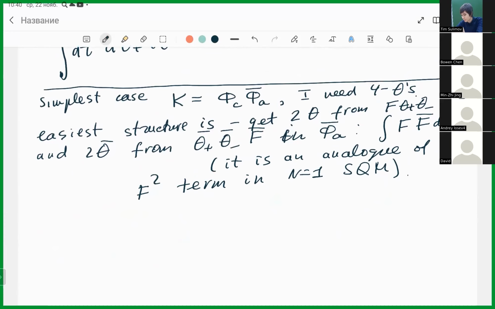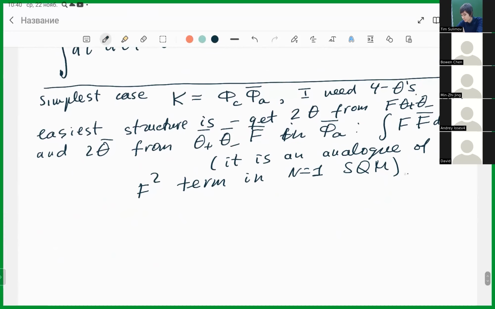Now we need to get the derivative. How can we get derivatives?